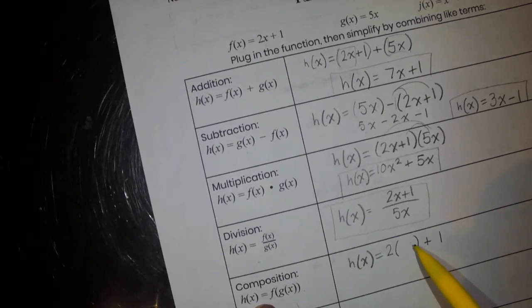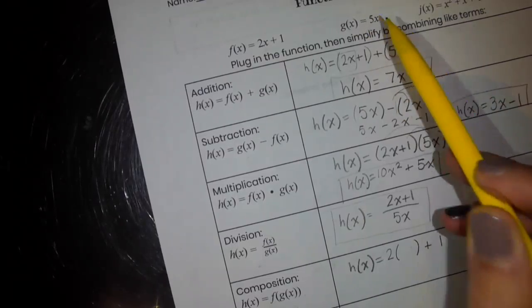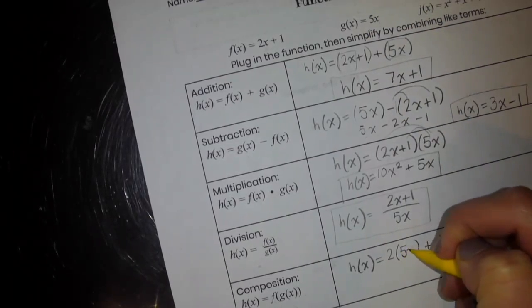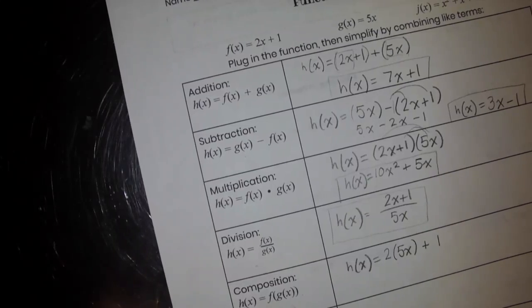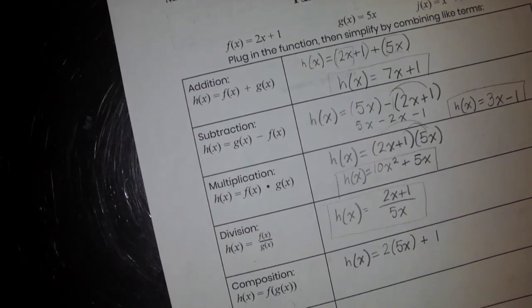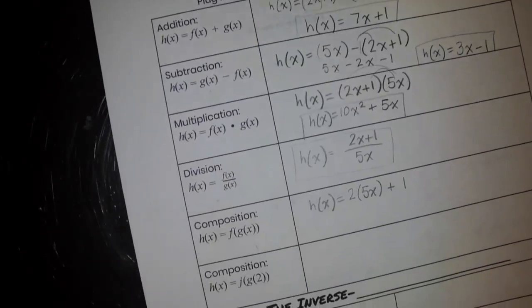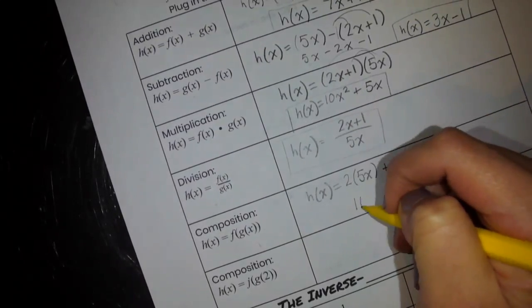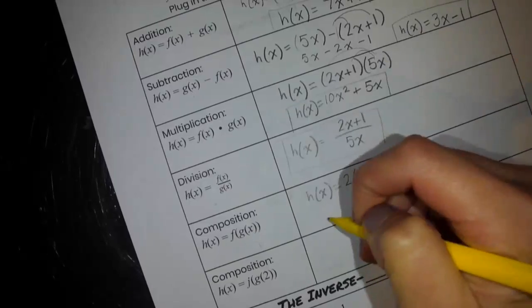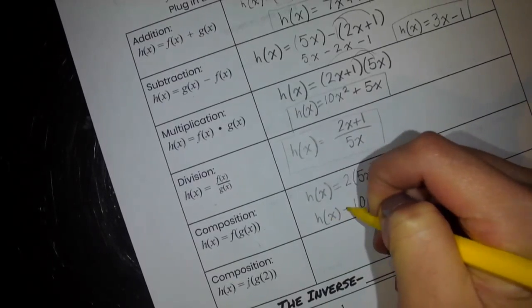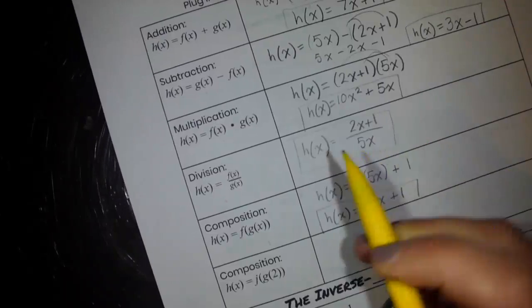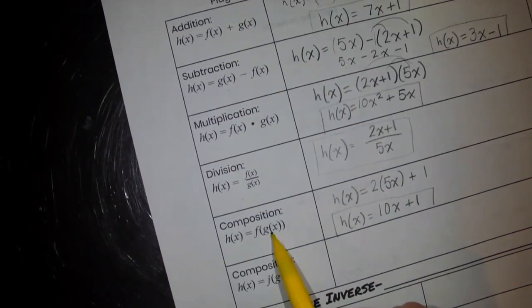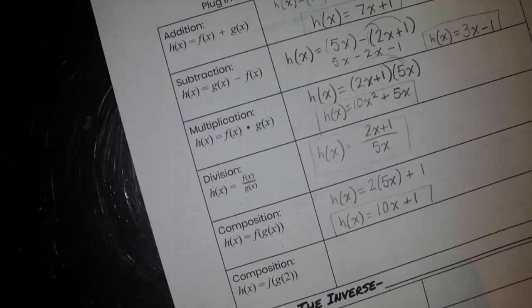Wherever I have this space, I'm going to write what g of x is equal to, which is 5x. Now I just multiply, and that would be 10x plus 1, and that would be a composition function. Composition means you're replacing the x in another function with another function.